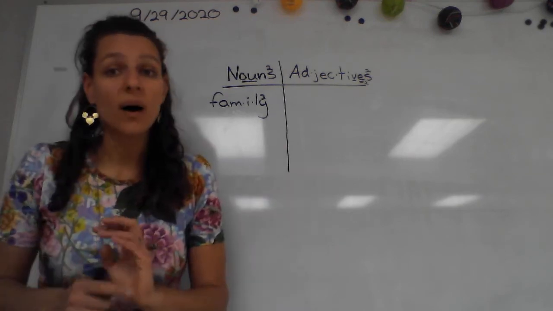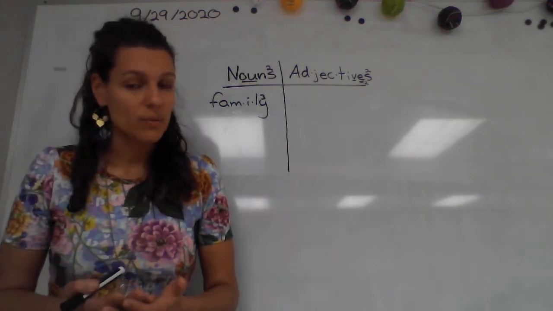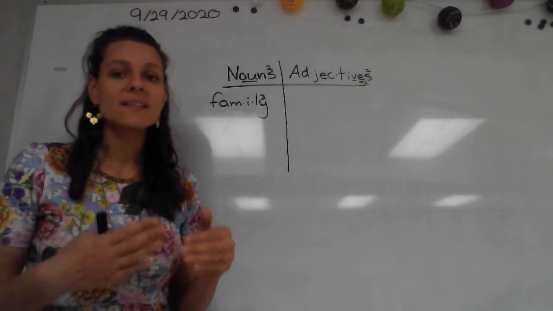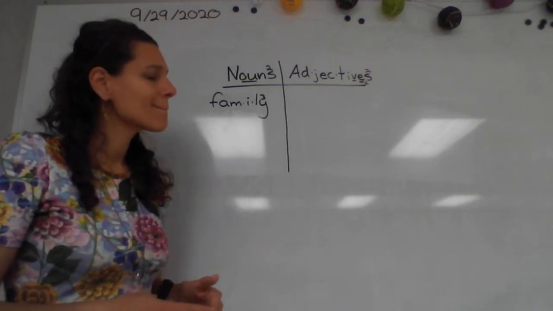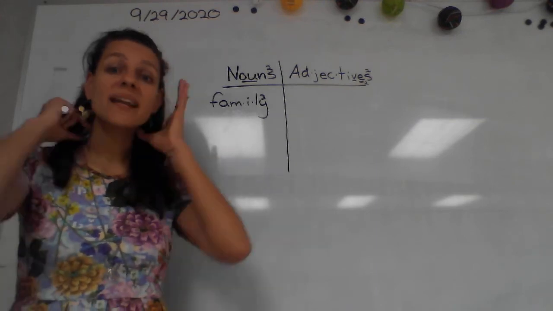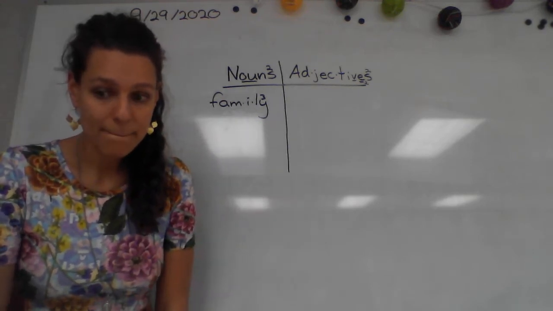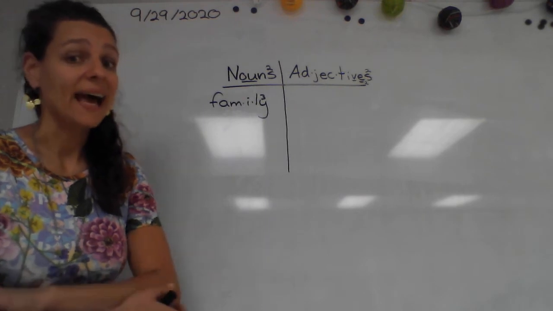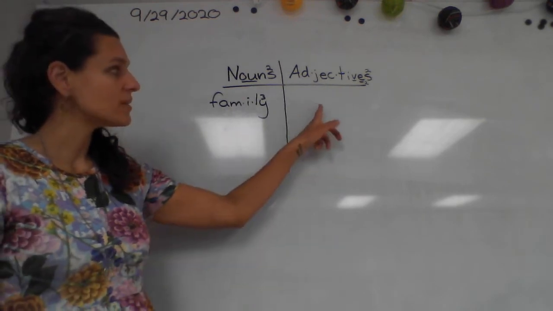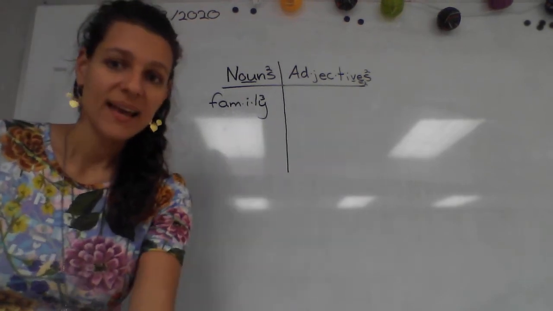Let's see, we said the water bottle, which we remember is a noun, is round. We're describing a noun. So what part of speech is round, class? Excellent, it is an adjective. So let's go over to the adjectives column and write round.